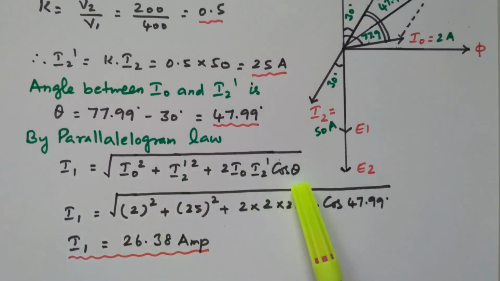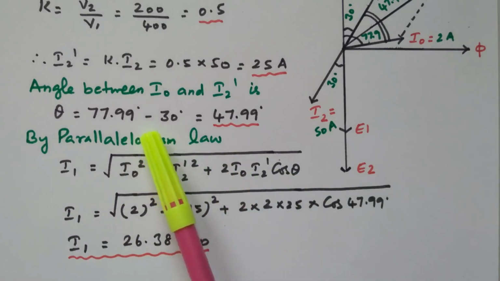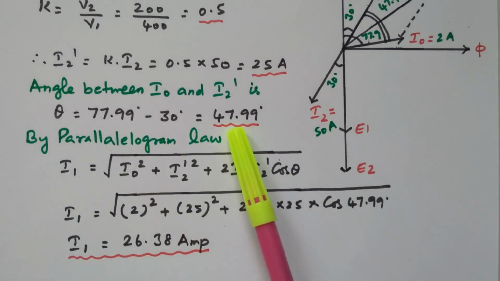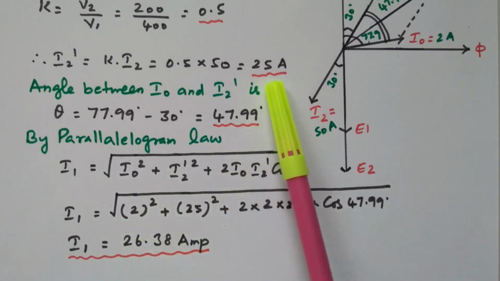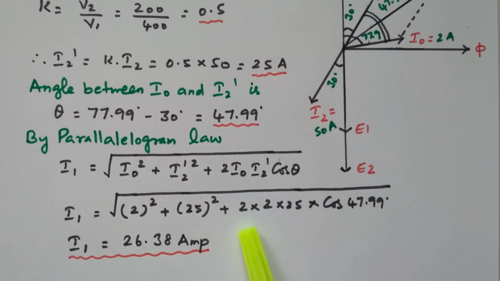All the values are available. Theta is nothing but 47.99 degree. I0 is 2 ampere, I2 dash is 25 ampere, so 2 into 2 ampere into 25 ampere into cos 47.99 degree.